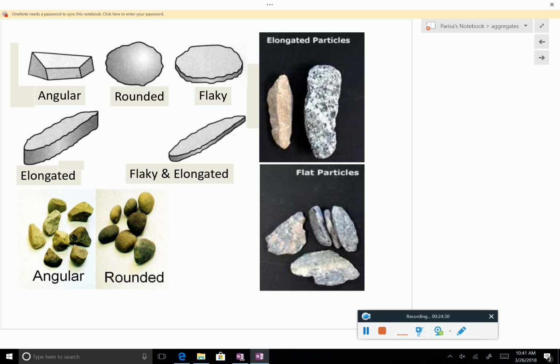It's not just nice names. You will see later on that you have to limit, for example, flaky particles when you are using certain aggregates for asphalt concrete. Why do you think, for example, a flaky aggregate would not be a good aggregate to use in pavement? Just intuition.